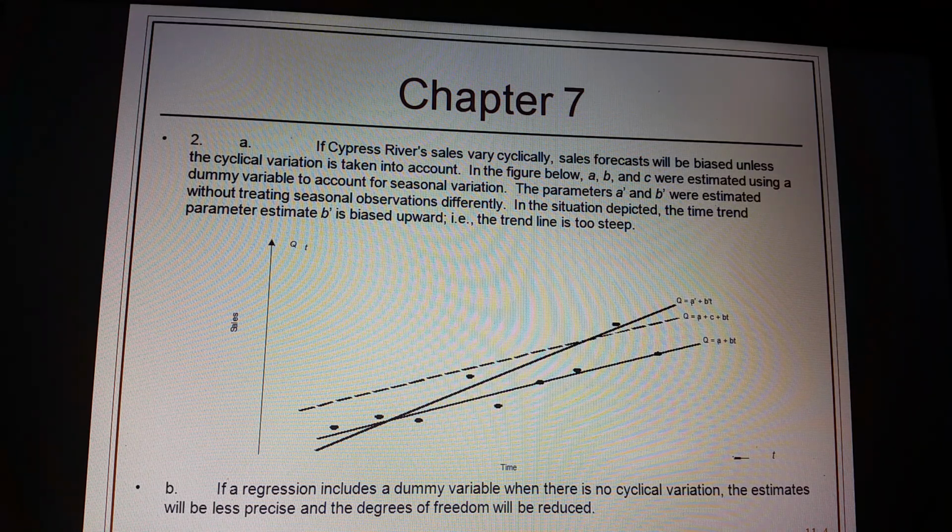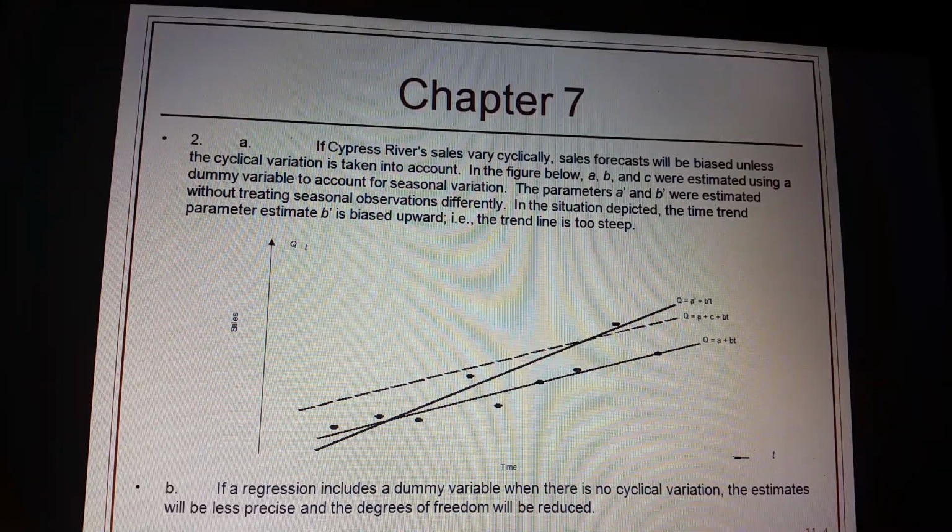Parameters A' and B' were estimated without seasonal observations. In this situation depicted, the time trend parameter B' is biased upward, and the trend line there is too steep. So I don't know exactly how you went about answering this, but as long as you're kind of on this track, you should get full credit.